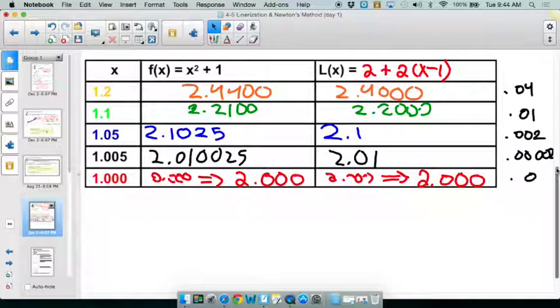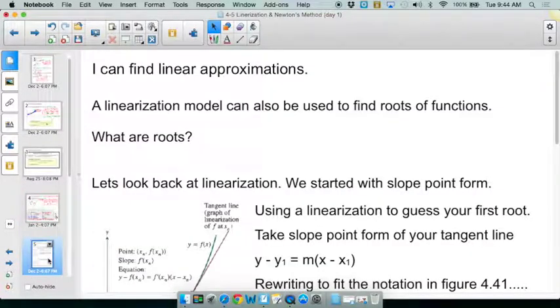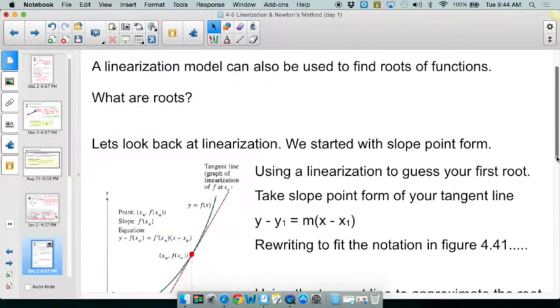So we are looking at that next page, and we're looking at roots for the equation. Linearizing can also be used to find roots of functions.